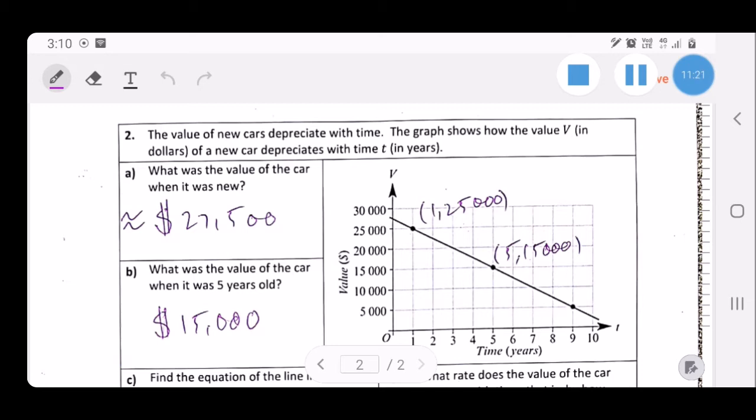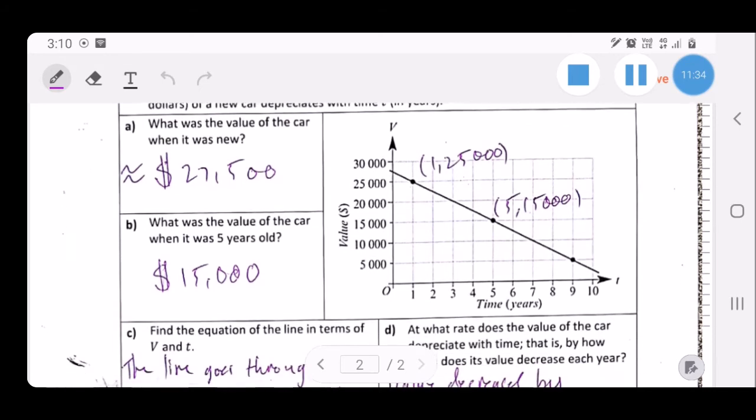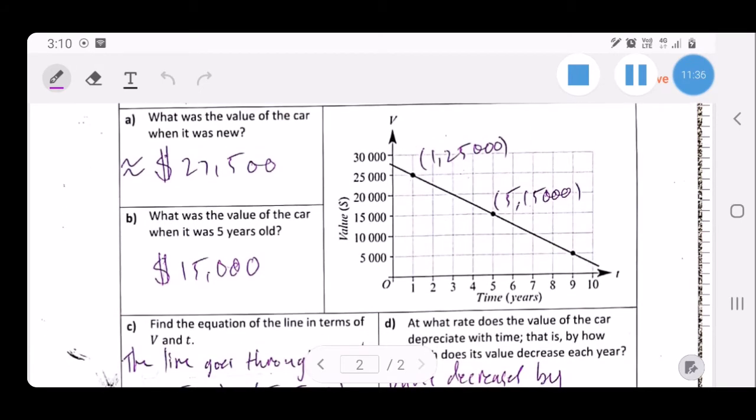So the value of new cars depreciate with time. The graph below shows how the value, V, in dollars, of a new car depreciates with time t measured in years. Okay, straightforward. A, what was the value of the car when it was new?